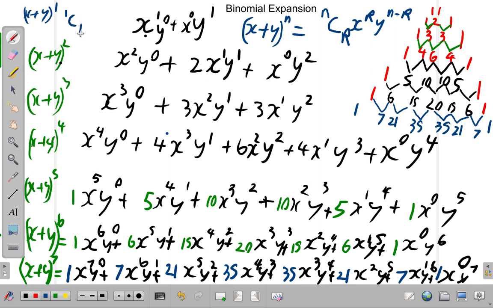Alright? Remember, n is the power, so it will give you the powers of x eventually. So if it's to the 1, n would be 1. If it's to the 2, n would be 2. If it's to the 3, n would be 3. Because this x plus y to the 3 means you have 3 brackets multiplied, so you have 3 x's.